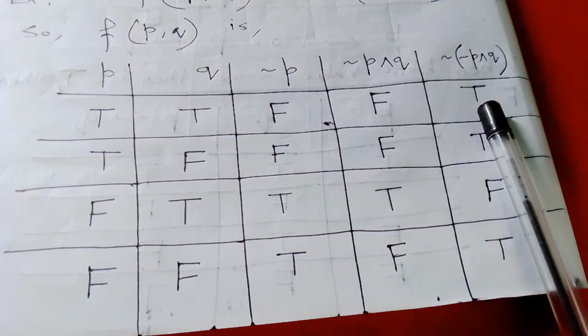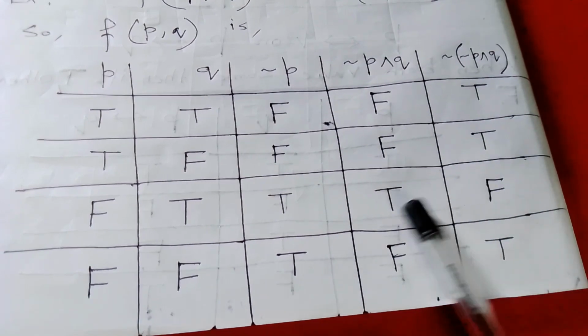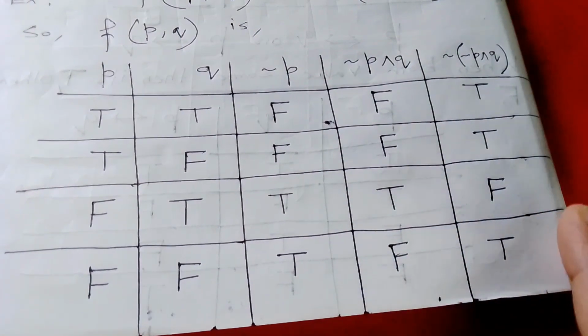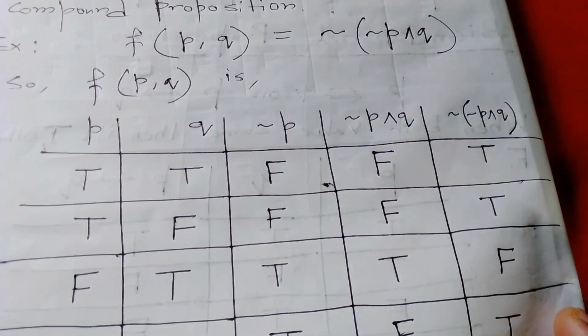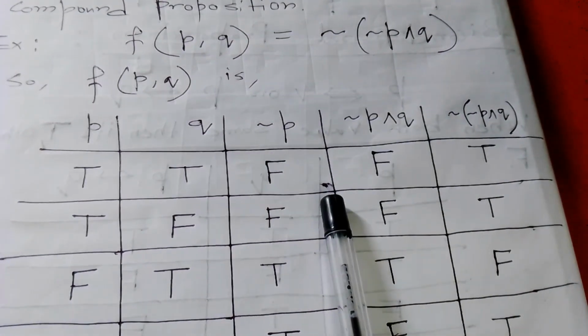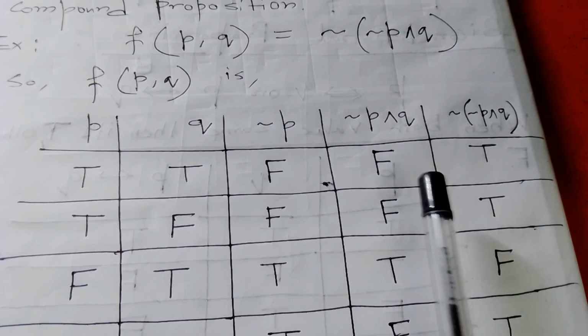So it's false, true, false, true, true, false, and false, true. So this is called a compound proposition because here more than one proposition is involved.